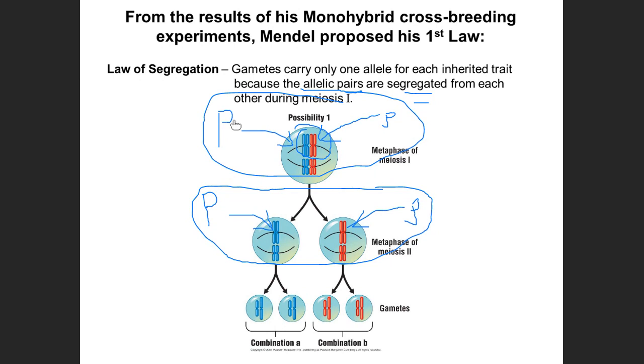So if you happen to be heterozygous dominant for a particular trait at the same gene loci on a homologous pair of chromosomes, you're not passing on both. You're only going to pass on one. So you're either going to pass on to your offspring a dominant allele or a recessive one, because they're segregated here.